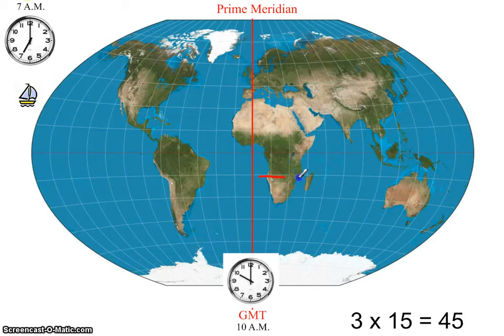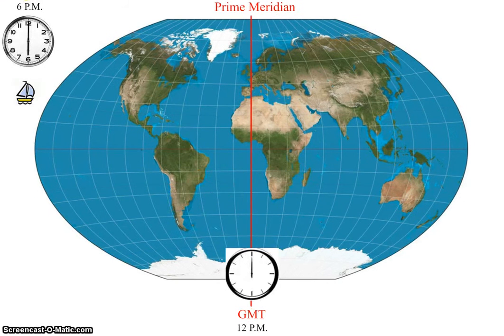Are we 45 degrees to the east or 45 degrees to the west? Well, we know on the ship the time is earlier. So we have to be to the west because as we travel west, we subtract 1 hour for every time zone that we cross. And it's earlier on the ship. So we are to the west. So 45 degrees west. Let's do a few more examples.